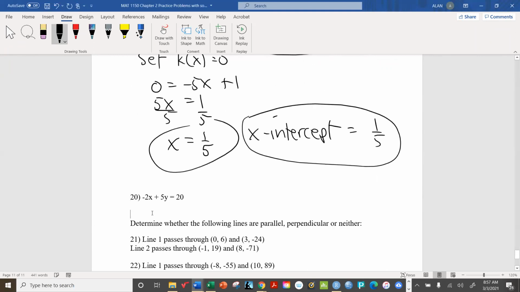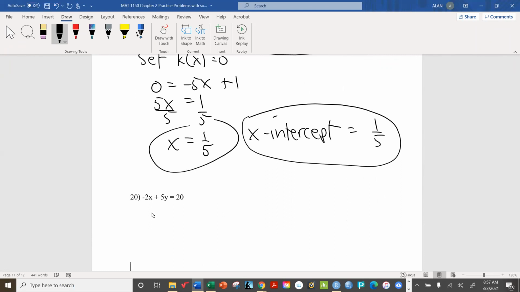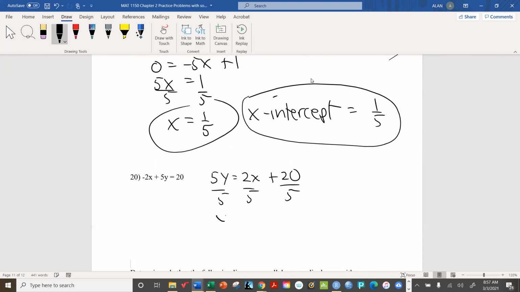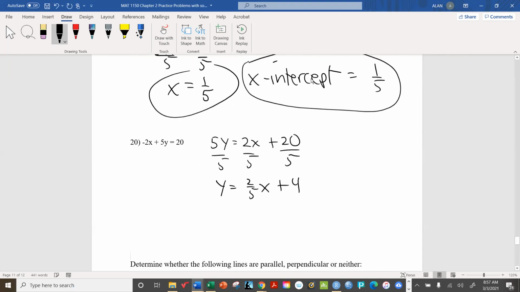So the first step will be, we'll add the 2x to both sides. And then we need to reduce this to just plain y, so we'll divide by that 5. And then we'll end up with what we're looking for, y equals 2/5 x plus 4. But now we still have to set it equal to 0.